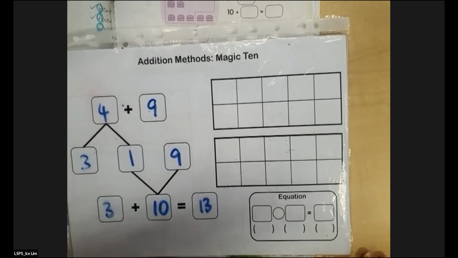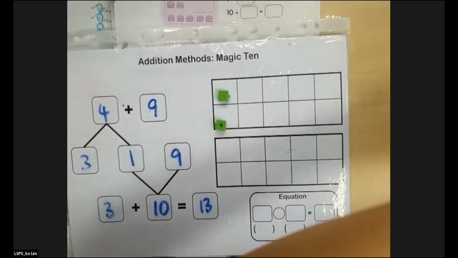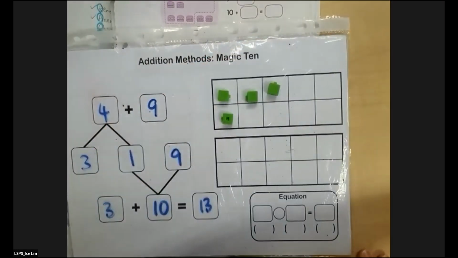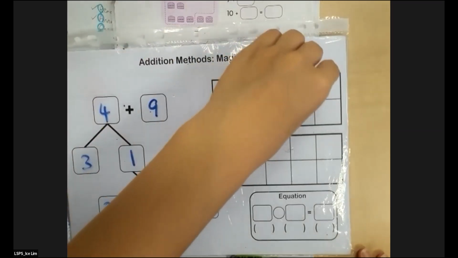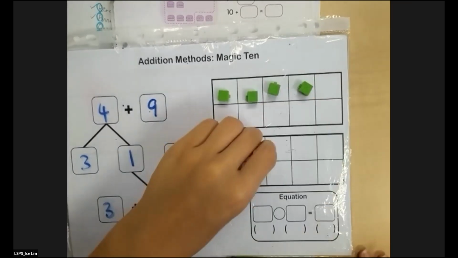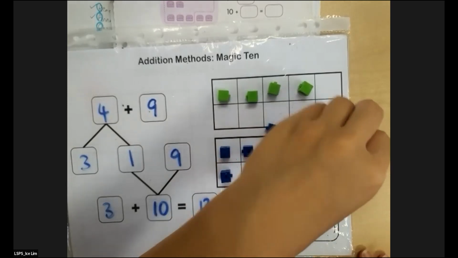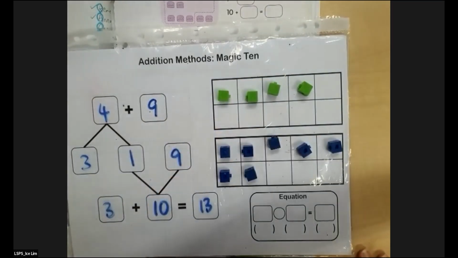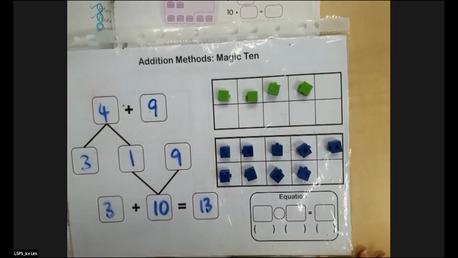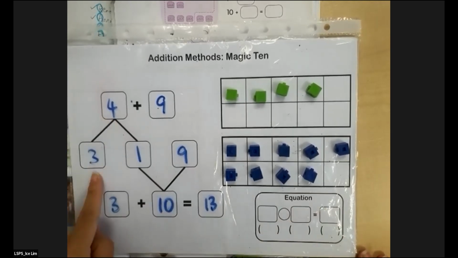Now, in other words, I show you one more time. I have 4 and 9. I'm going to choose to break the number 4 into 3 and 1.